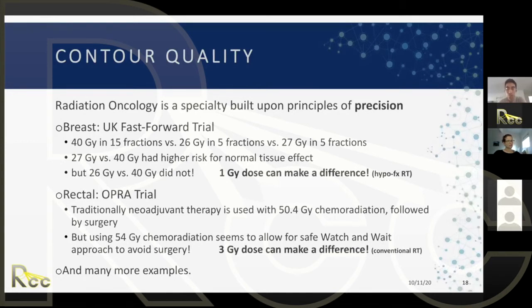So, normally we treat to 50.4 gray. By just adding 2 fractions to get it to 54 gray, suddenly these patients are just able to avoid surgery in maybe more than half the time. So this to me was remarkable. I never thought that 2 fractions could make that much of a difference.